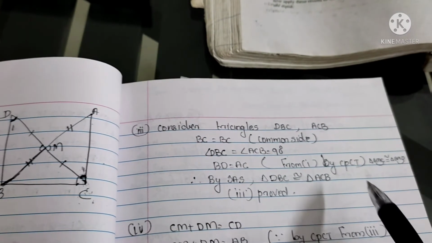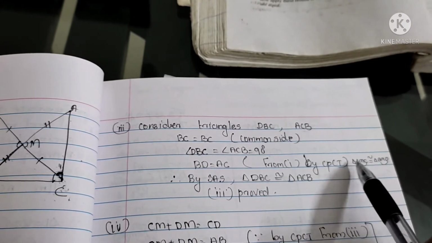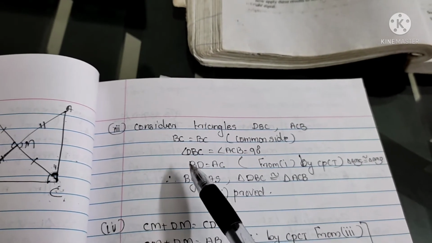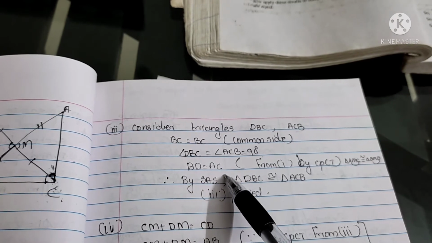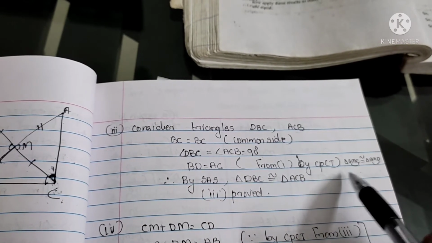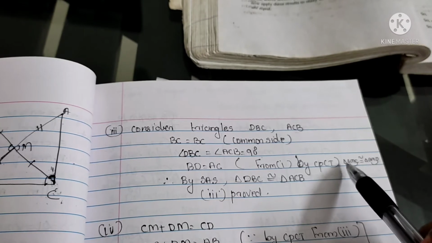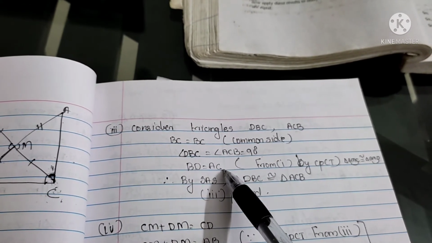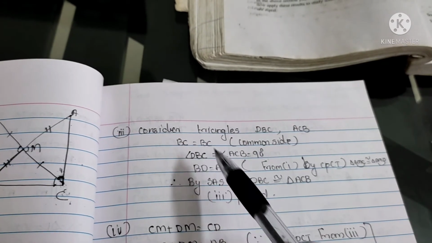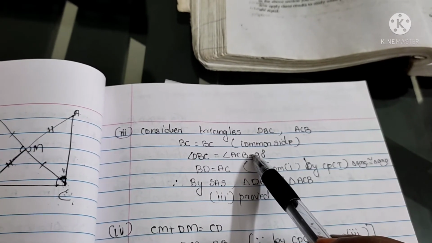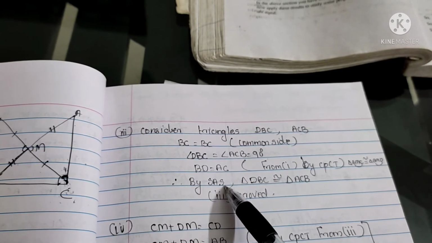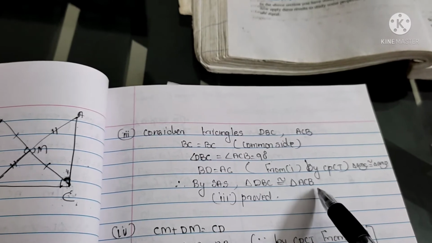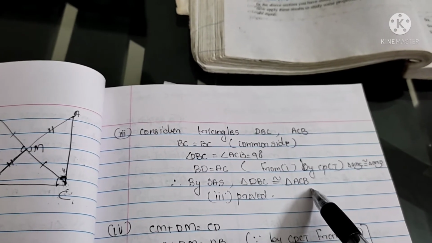We already proved that triangle AMC is congruent to triangle BMD, so BD is equal to AC by CPCT, from 1. Two sides and the included angle are equal. So by SAS, triangle DBC is congruent to triangle ACB.